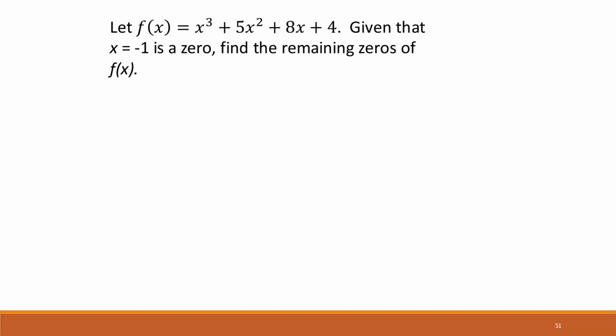If we have negative x cubed plus 5x squared plus 8x plus 4, given that negative 1 is a zero, find the remaining zeros. So we're going to do this until we know all of the zeros. So we have negative 1, and we have 1, 5, 8, 4.